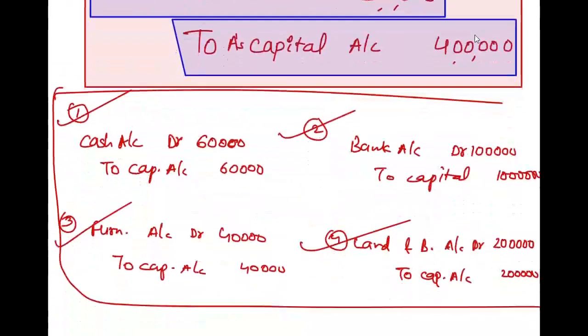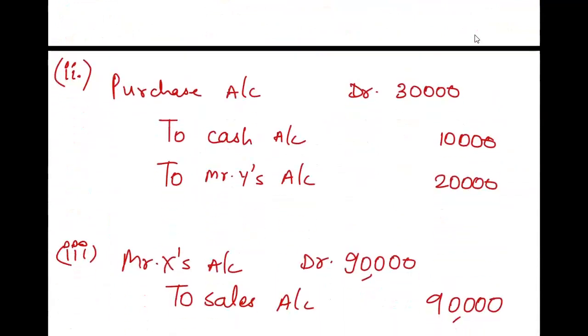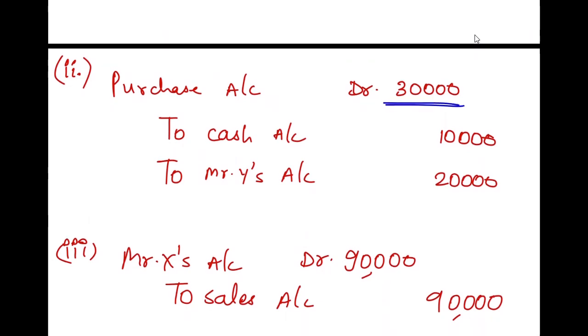In the second case, we have purchased goods from Mr. Y, of which 1/3 payment was made upfront and the balance 2/3 is due after some months. So total goods purchased were rupees 30,000. 1/3 of 30,000 is 10,000.